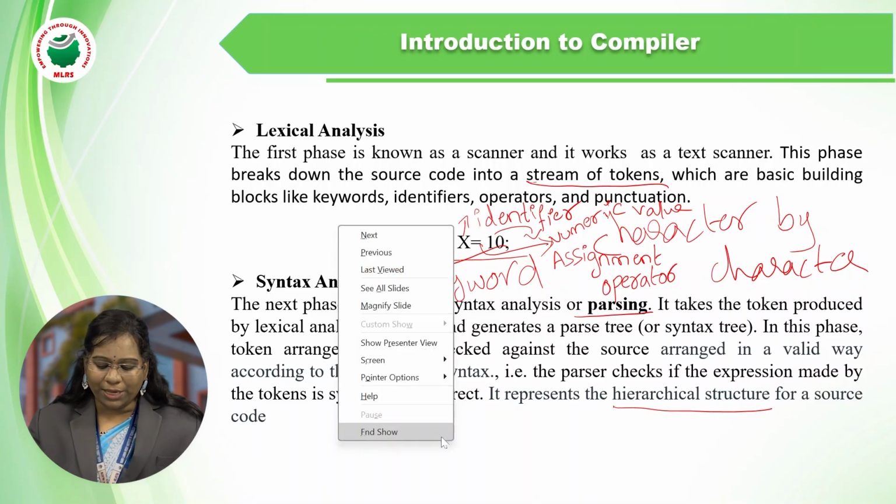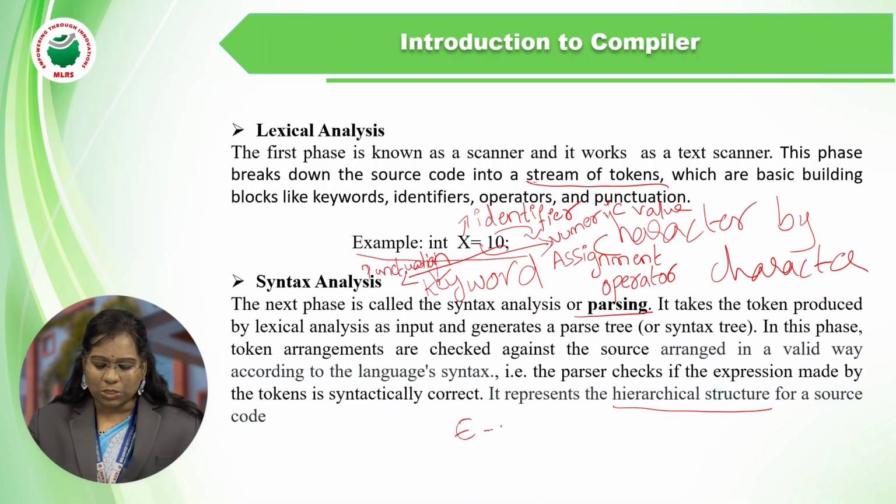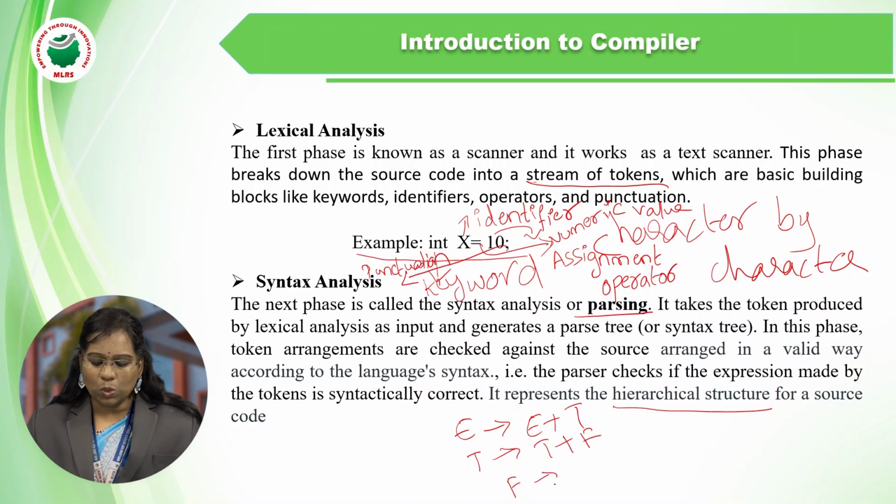For example, we take E tends to E plus T, next T tends to T plus F, and F tends to 60.